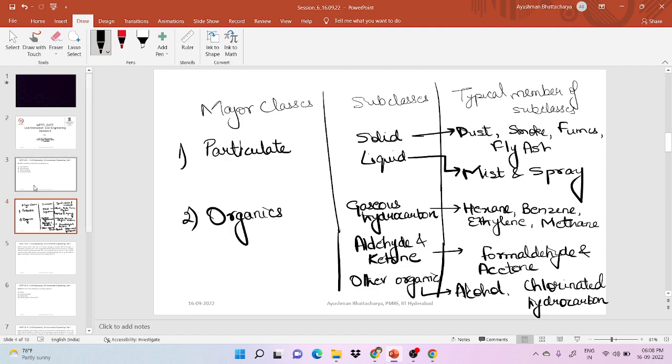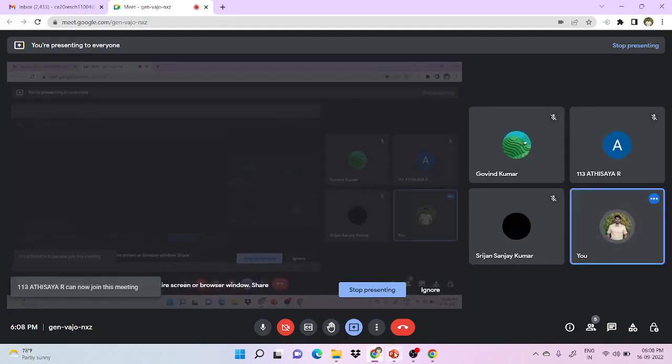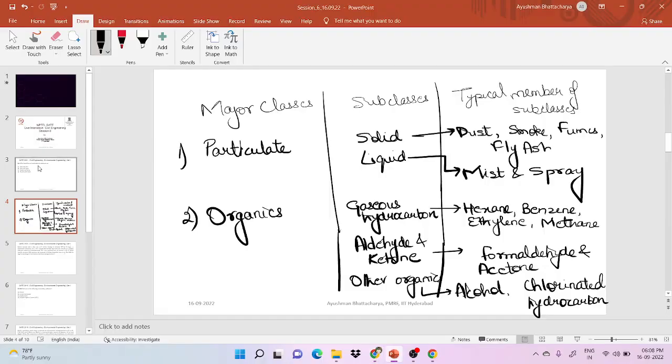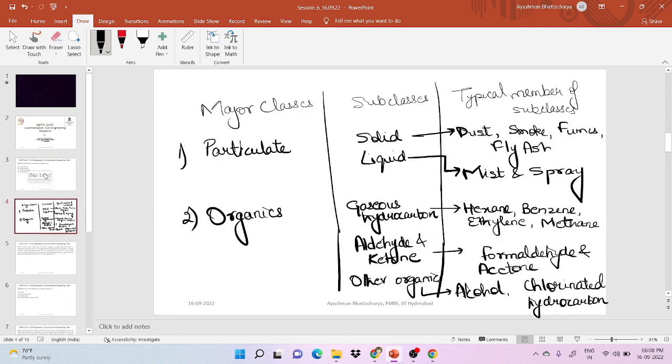I think a few more people joined, so I will briefly explain again. In GATE 2021, this was the question: the liquid form of particulate air pollutants are. They have given four options: dust and mist, mist and spray, smoke and spray, fly ash and fumes. We will first look at the major classes, then discuss the correct answer.